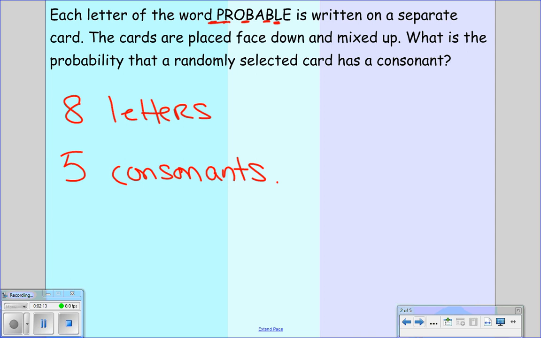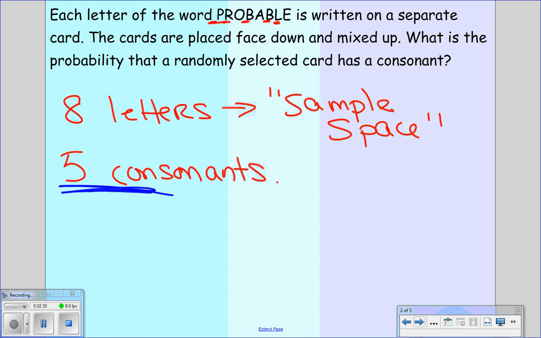We want to know the probability that if I select a card, I'm going to pull a consonant. Well, the 8 letters are our sample space, the total number of outcomes, and the 5 consonants are what we want.